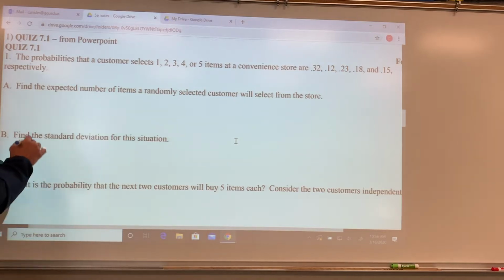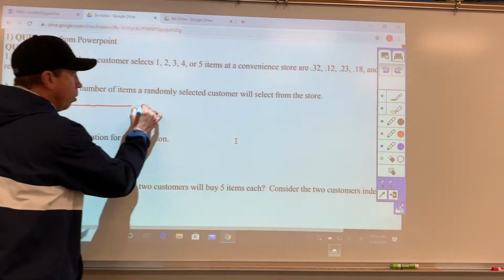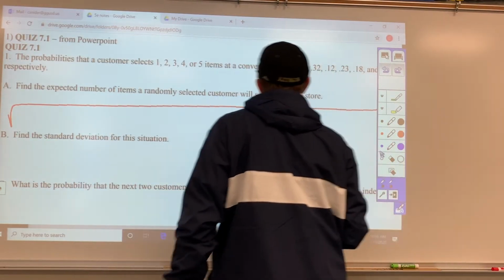Let's find out. Okay, I'm going to fill this whole board up with this giant standard deviation symbol.